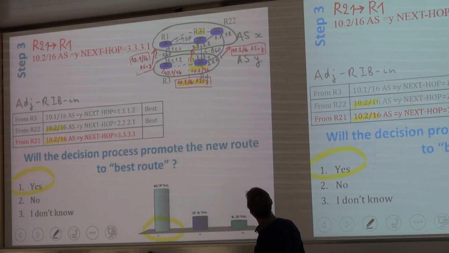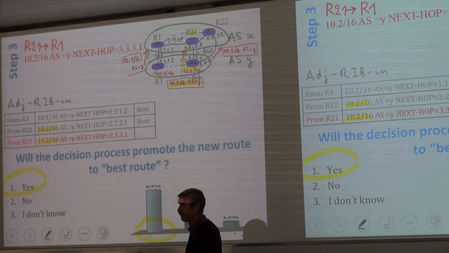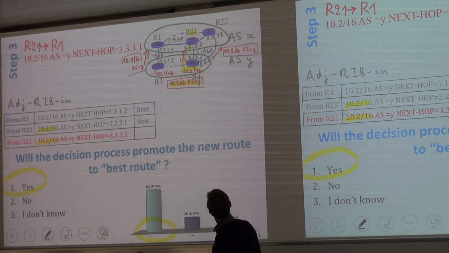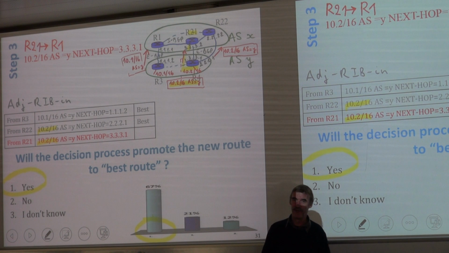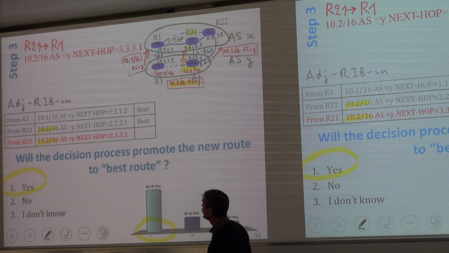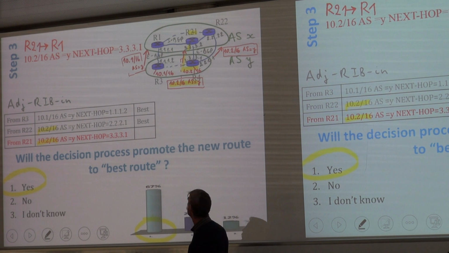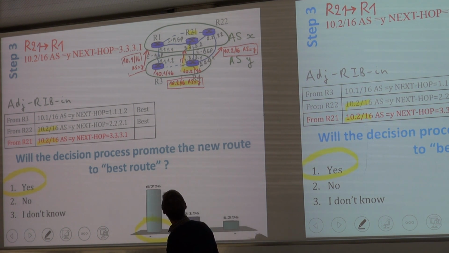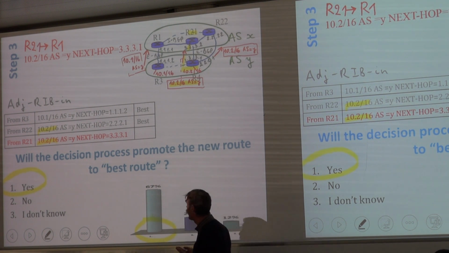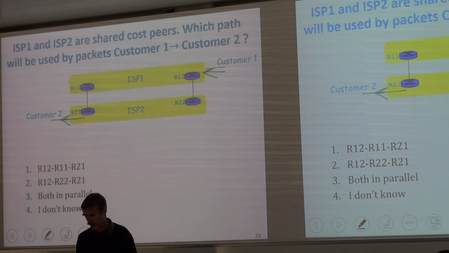The cost from R1 to 222 is 3, because we need first to go via R22. The router that is inside the router R4 is of course not visible for RIP from the viewpoint of domain X. The links that go to the outside are visible, but the routers that terminate the links are not visible. So there is no information inside X that we could go via R4, for example. So the shortest path is 333. That's the one we will take. So we will take it, and it will become the best path.